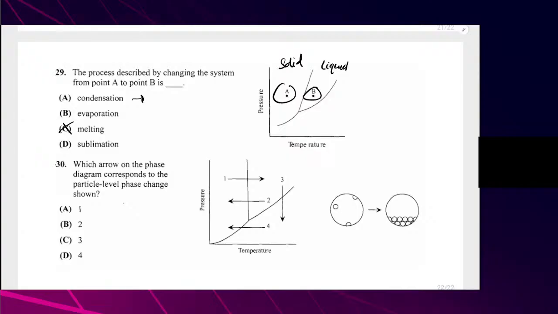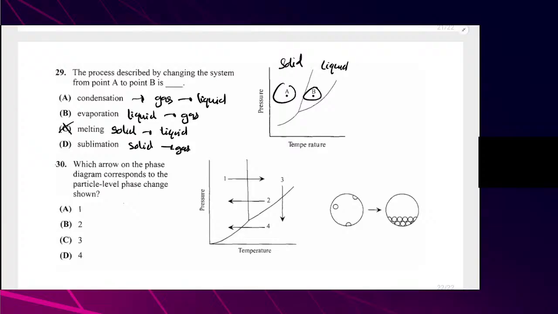Condensation is from gas to liquid, right? Evaporation is from liquid to gas. Melting is from solid to liquid. And the last one, sublimation, is from solid to gas.